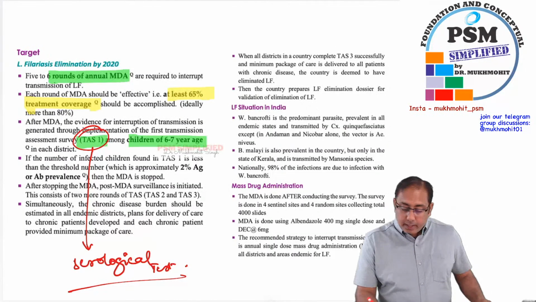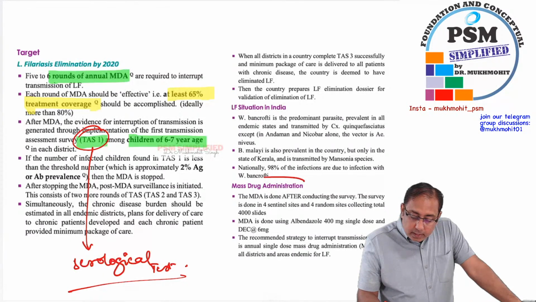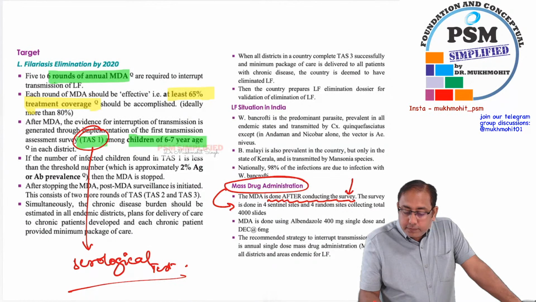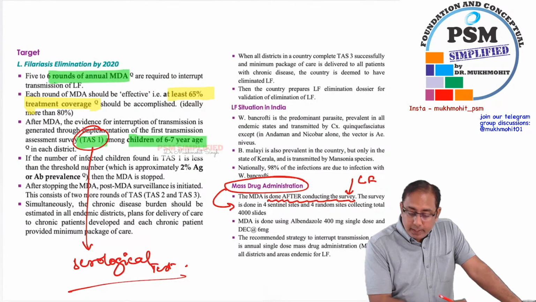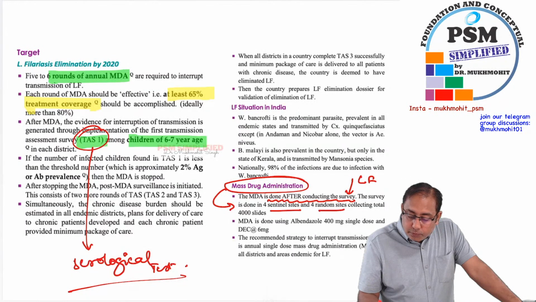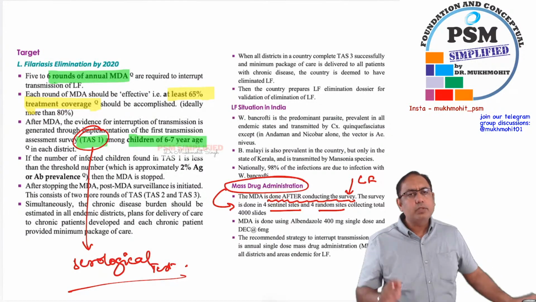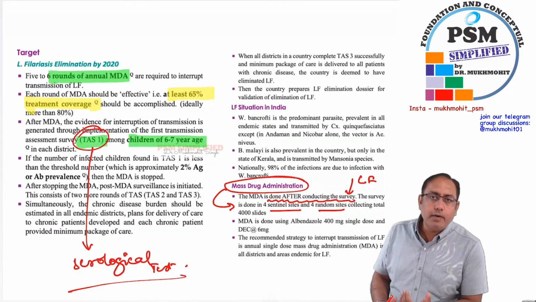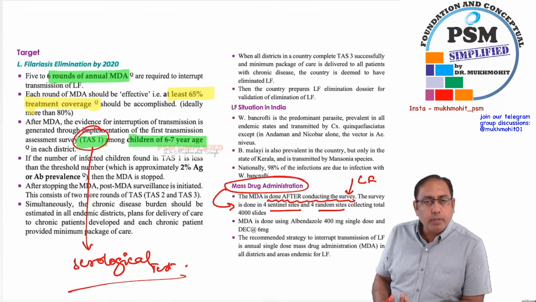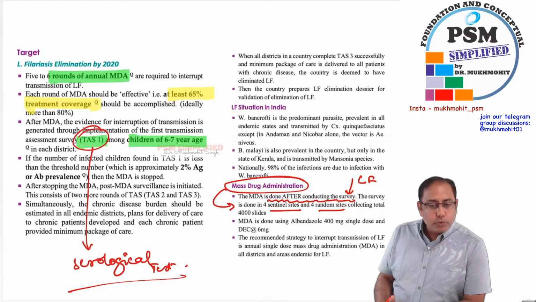Regarding MDA beta, if you talk about mass drug administration, it is done after conducting the LF survey, lymphatic filariasis survey. You do a survey in 4 sentinel sites and 4 random sites, collecting a total of 4,000 slides. In those 4,000 slides, we will find out the average infestation rate, the microfilaria rate and so on.